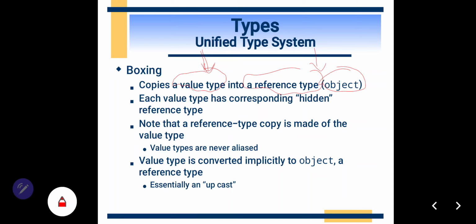Each value type has a corresponding hidden reference type. Note that a reference type copy is made of the value type. Okay, reference type just copies value type. Value types are never aliased. Never aliased.